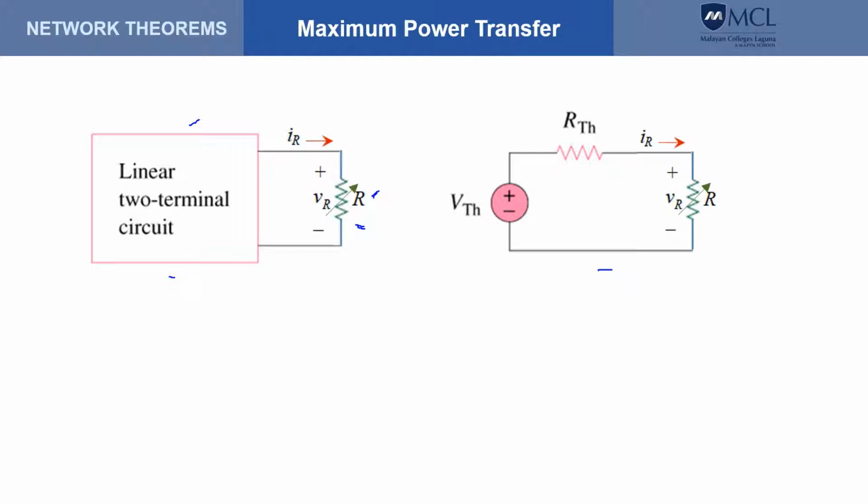Without any proof, let me just state that for R to absorb maximum power, its value must be equal to RTH, where RTH is the Thevenin's equivalent resistance that we will get if we convert that linear two-terminal circuit into its Thevenin's equivalent.